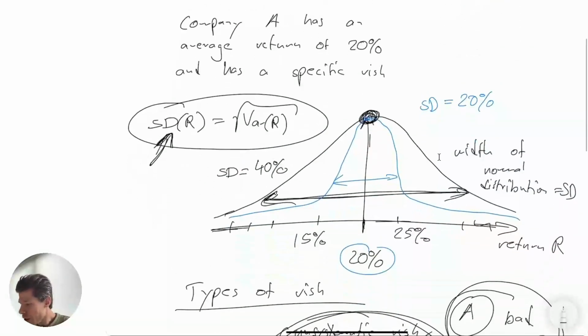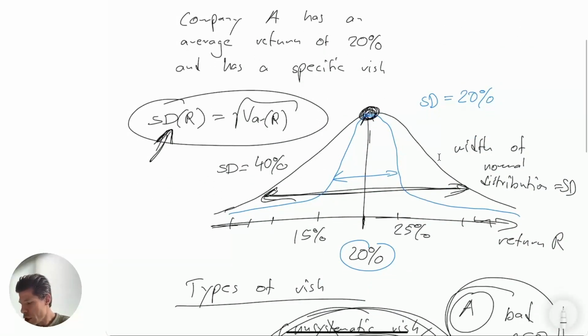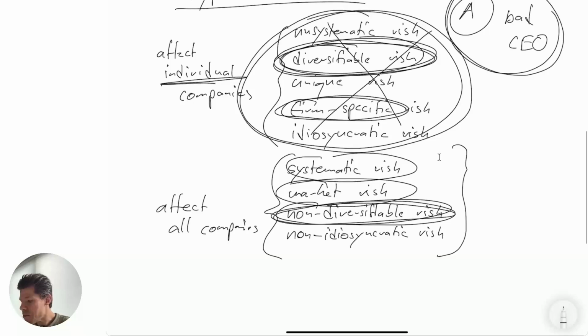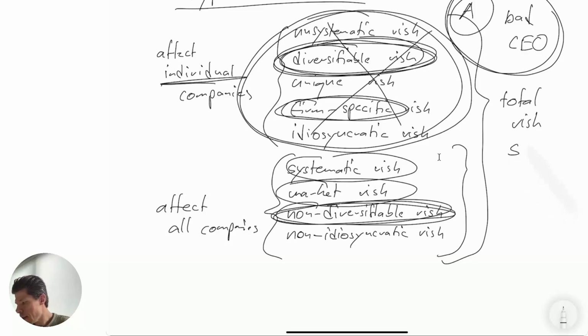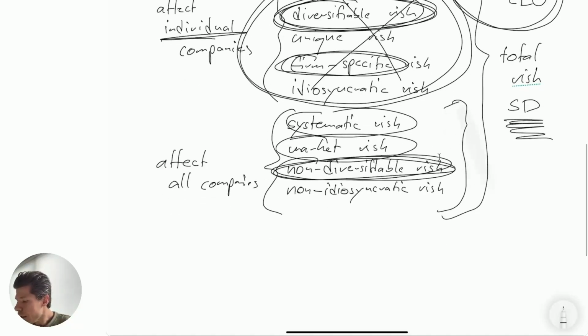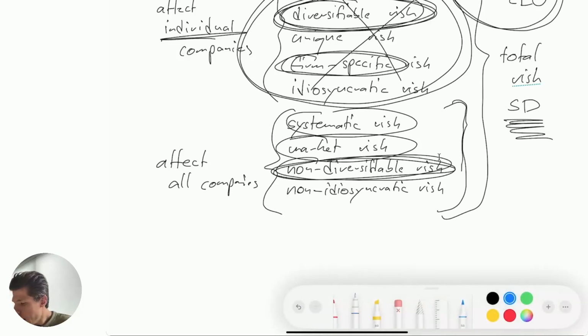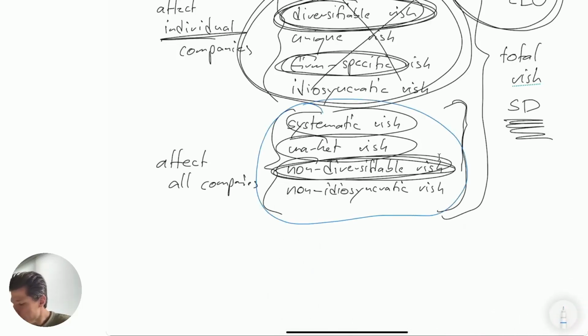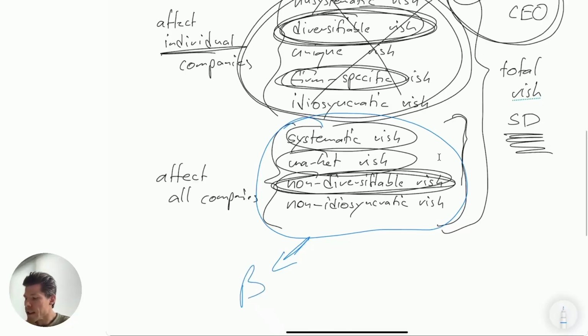The standard deviation we talked about here measures total risk. We are not using standard deviation for these calculations. We are only using a figure that covers our systematic risk, which is our beta, which I will explain in another video.